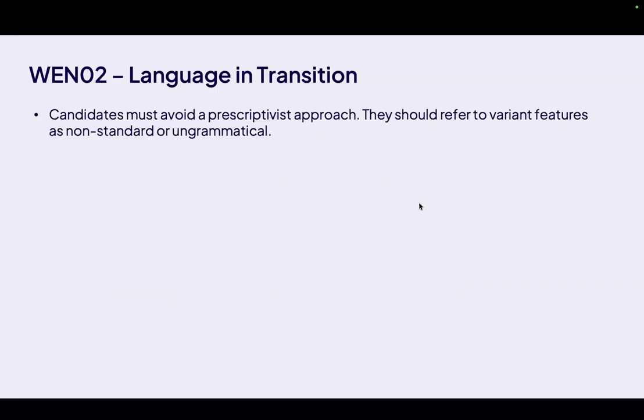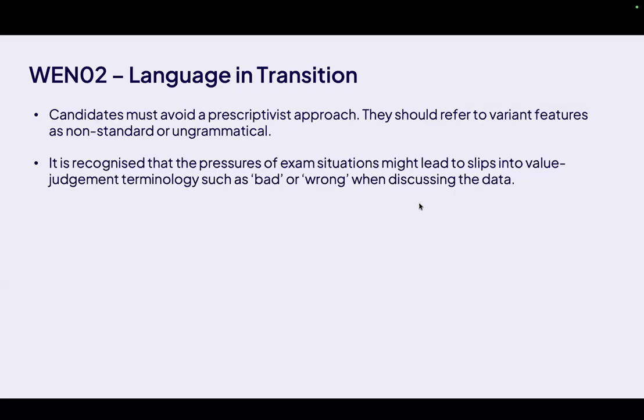Focusing still on the transition, and this is an important issue for this exam. The candidates must avoid a prescriptive approach. They should not refer to variant features as bad or ungrammatical in a judgmental way. It is recognised that the pressure of exam situations might lead to slips into value judgment terminology, such as that's bad language, that's wrong language, or that's not appropriate.